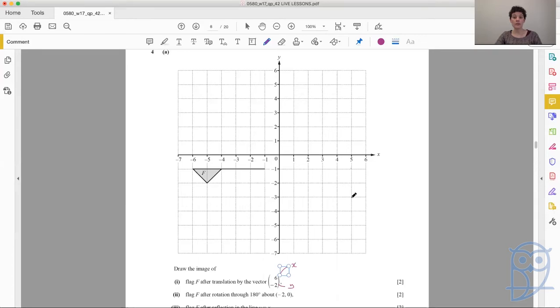This is now the base of my flag. And my flag stick goes 1, 2, 3 on the line, and then the triangle is formed like that. To make things easier for my marker, I'm going to label that part 1. So there is my translation by the vector, 6 in the x, minus 2 in the y.